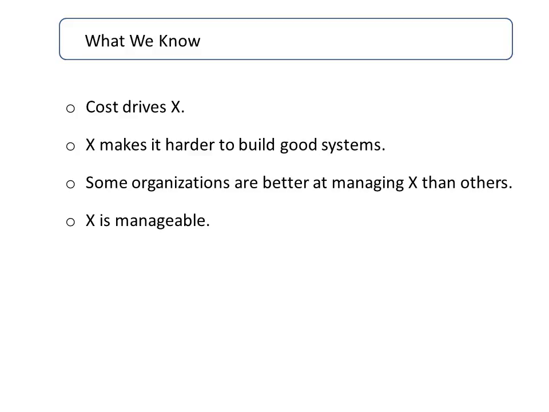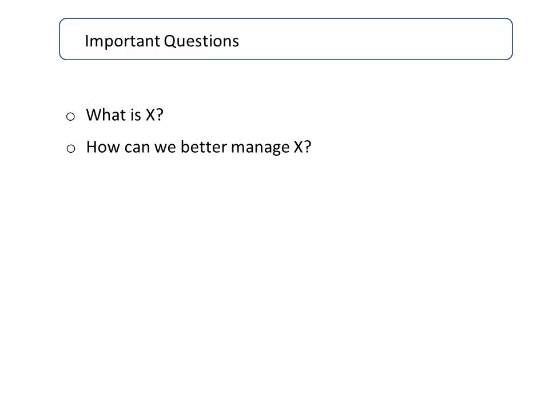That tells us that some organizations, or at least some groups within the organization, are better at managing X than others. And that is also good news because it tells us that X, whatever X is, is manageable. We are left with two important questions. What is X? And how can we better manage X?